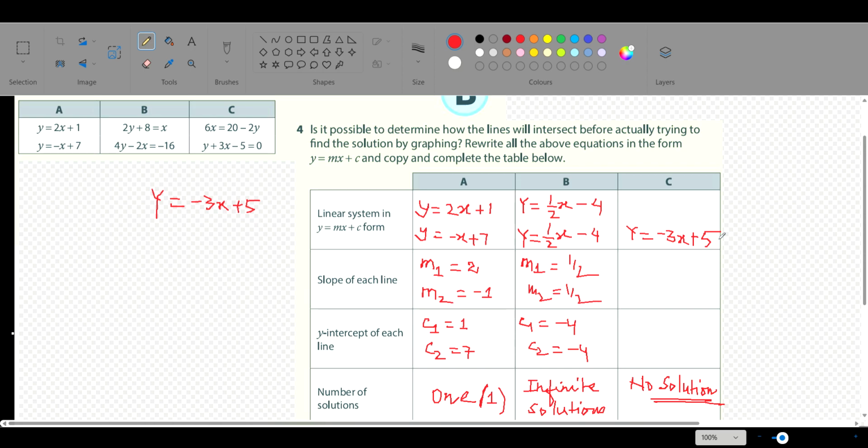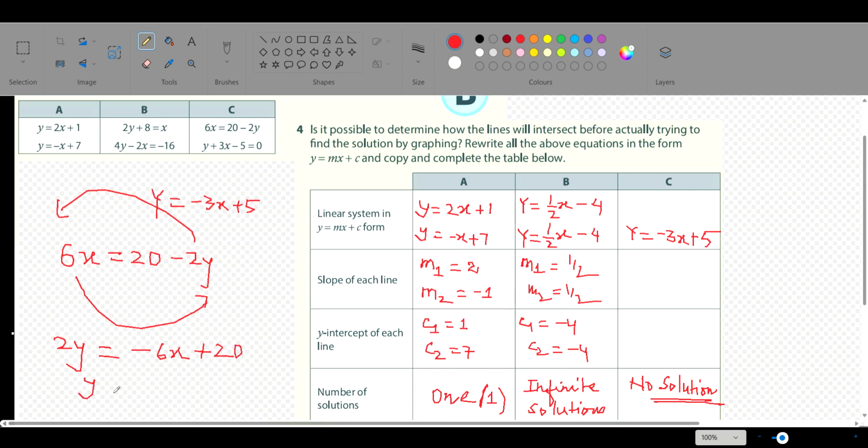What about line 1? Yes. So y is equal to negative 3x plus 10.